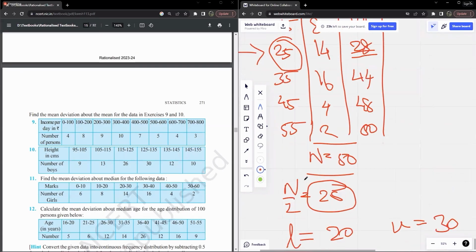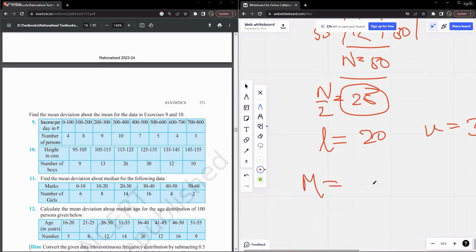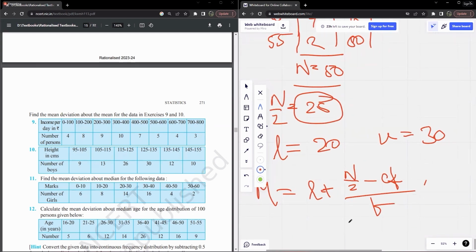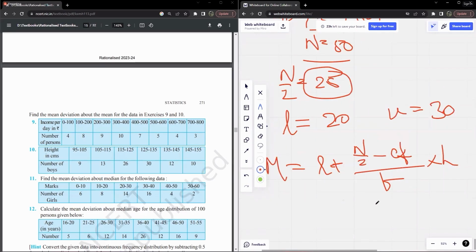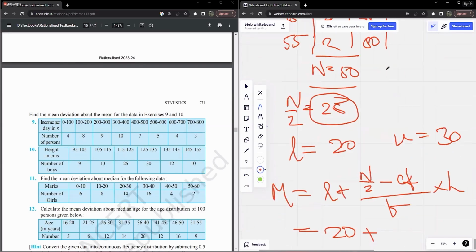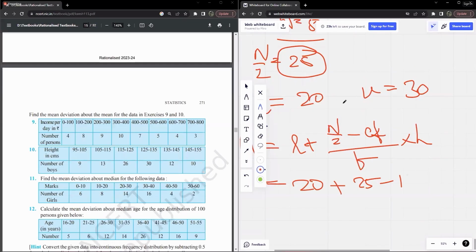From your formula, capital M is equal to L plus N by 2 minus CF divided by F, into H. This is going to be 20 plus, since capital N by 2 is 25, 25 minus the cumulative frequency CF of the above class, which is 14, divided by F of this class, which is 14, into H, which is 10.